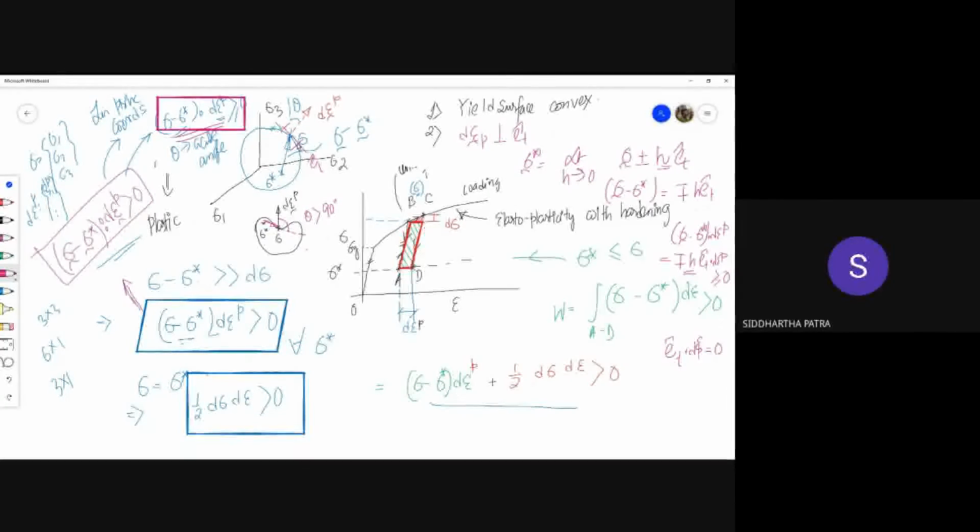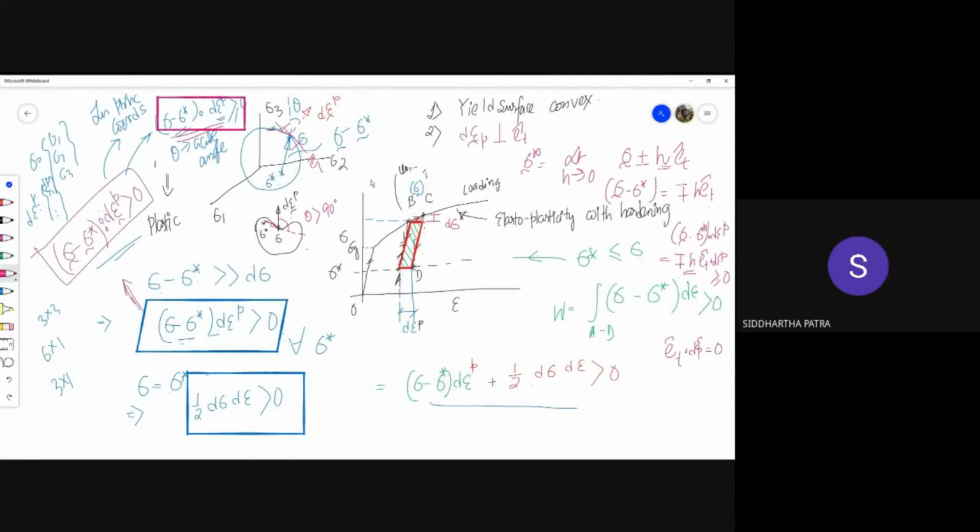So you can also imagine that it is lying on the yield surface. There are cases where it is also lying on the yield surface. Number one. Number two is that if it is very close to sigma, then you can imagine this tangent is essentially representing this arc right here. If it is very close to sigma, the tangent at sigma is essentially a portion of this arc.